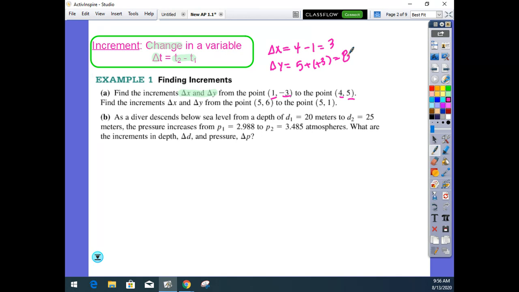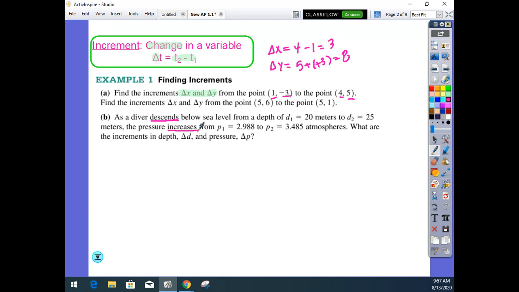As a diver descends below sea level, it's just more of a word problem type thing, but the same thing. A diver descends below sea level from a depth of D1, 20 meters to D2, 25. The pressure increases, so descends going down, increases, so watch your terminology there, from P1 and P2 atmospheres.